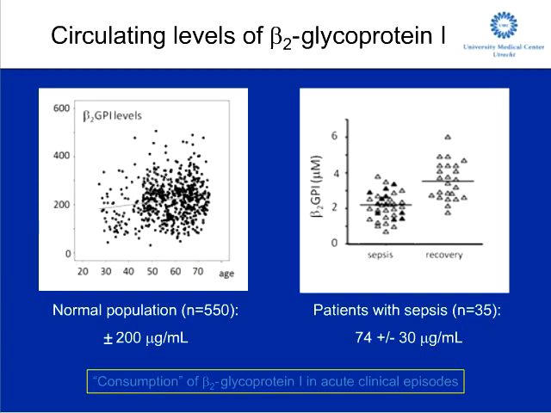But if you take different populations, you can see that patients with sepsis have about 1/3 of the amount of beta-2-glycoprotein 1 in the circulation as the normal population. And if we can find some patients back that recover from sepsis, you see that the level of beta-2-glycoprotein 1 increases. So apparently there was consumption of beta-2-glycoprotein 1 in certain acute clinical episodes, amongst others sepsis.